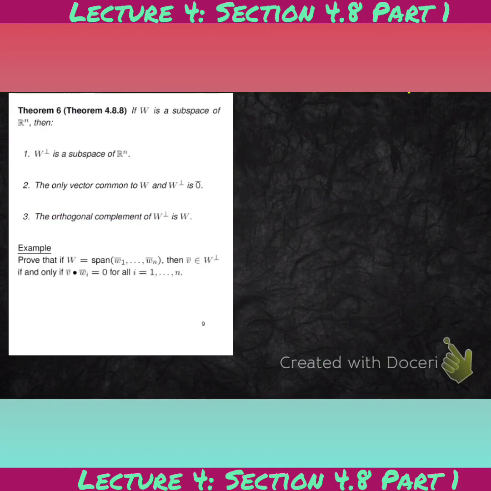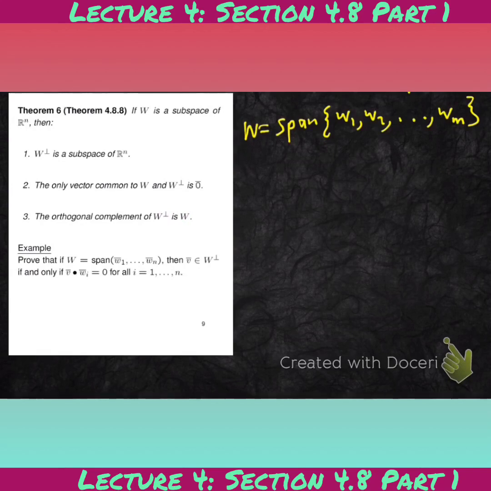Okay, so let's look at property 3. The orthogonal complement of this set is W. Now I'm not going to write out a formal proof, I'm just quickly going to go through why that is the case.